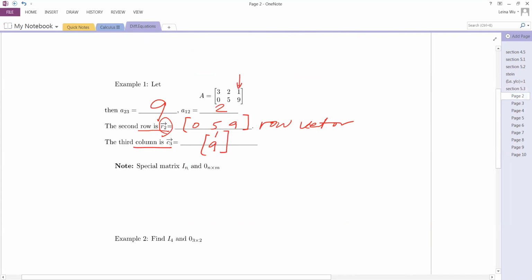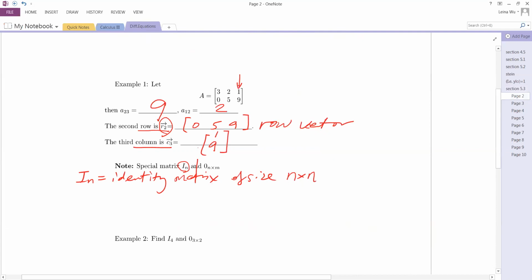There are two types of special matrices we want to talk about in this system of differential equations. First is the identity matrix, I_n. When you see this n, it means the size is n by n.